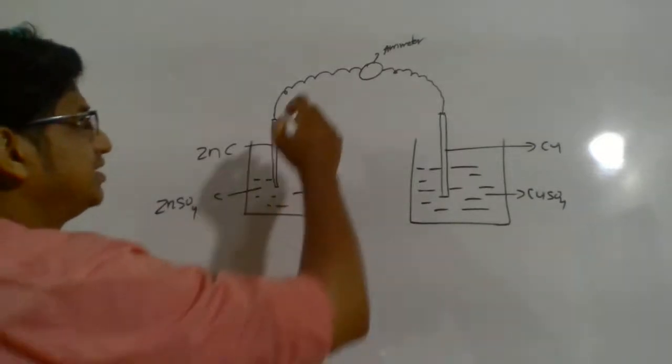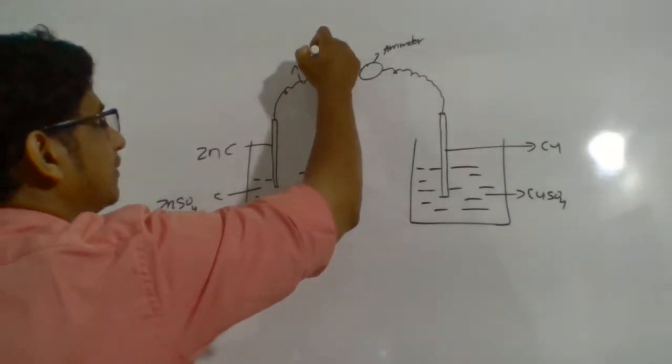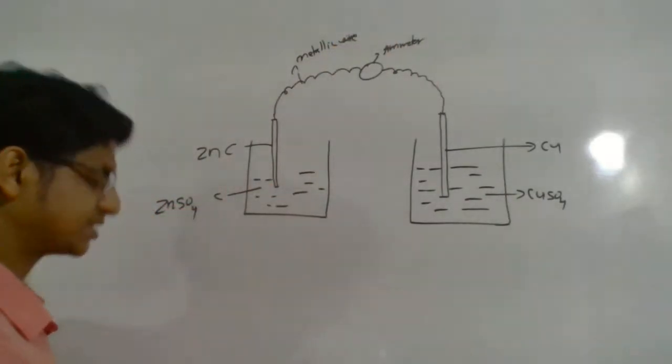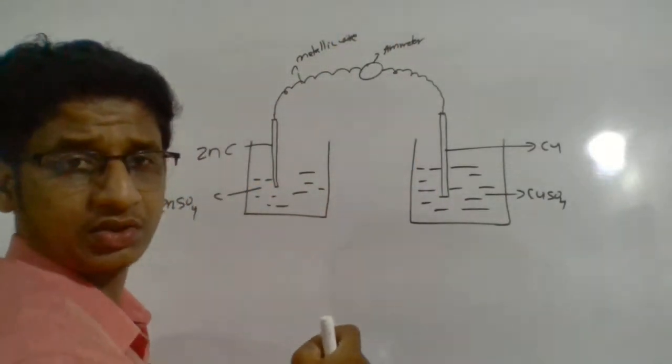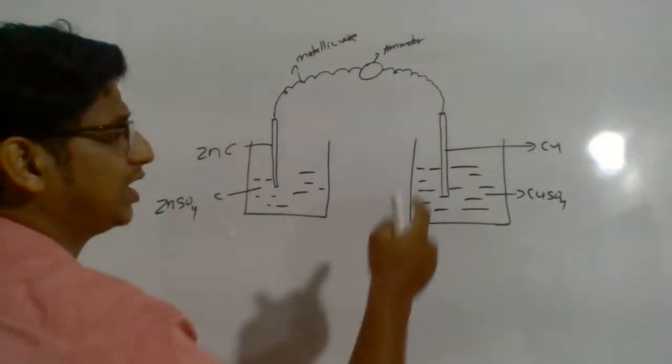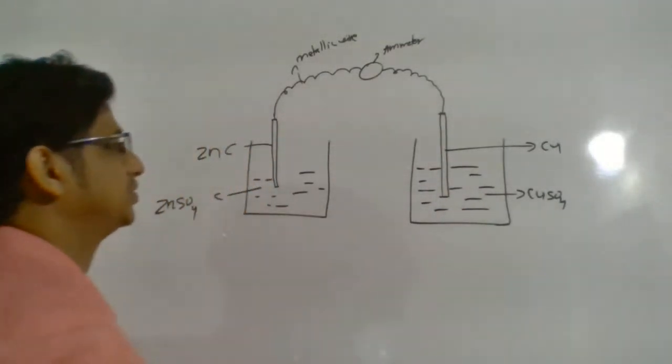So the metallic wire externally connects the two electrodes: the zinc rod dipped in zinc sulfate solution and the copper rod dipped in copper sulfate solution.